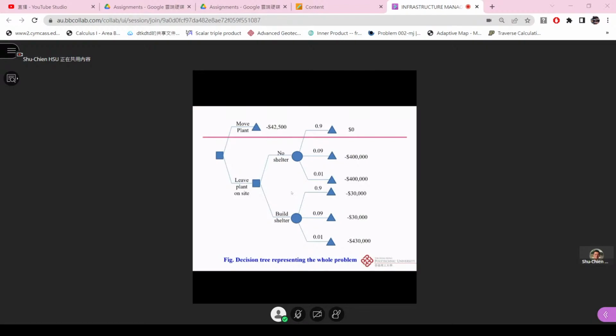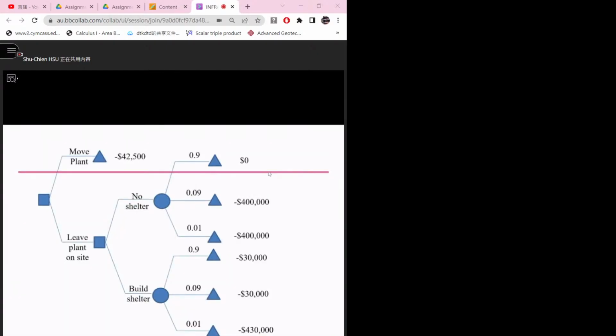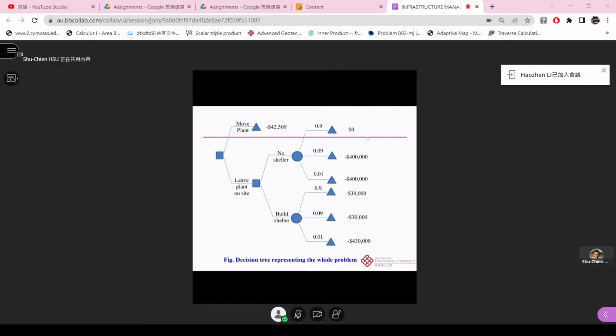We start with no shelter, which means we leave the plant on the site and do nothing there, and you will see that we have a 90% chance that it won't cost anything, because based on the weather prediction there's a 90% chance that no typhoon will come. So we actually have a very high chance that you don't need to cost anything, and you also have a very low risk, 90% for no risk there. I think this is already very attractive.